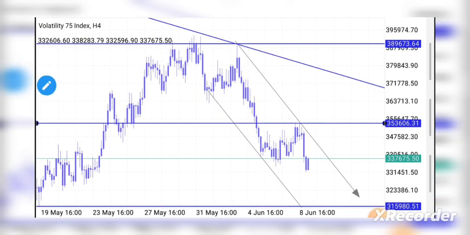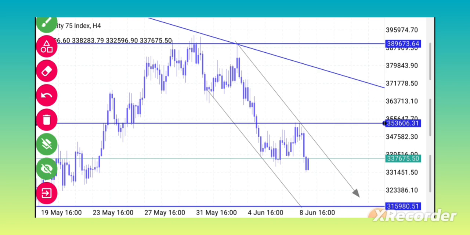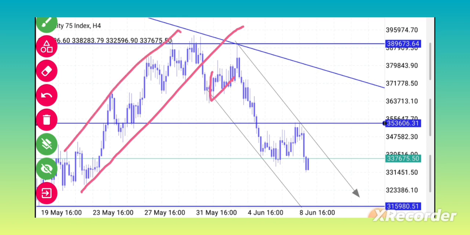When the H4 touches a zone, let us say it is this zone here, let us pretend it is this one, when the price hits the zone, you draw your trend line like this. After drawing the trend line, we know that the market is going to break. Are you getting the point?